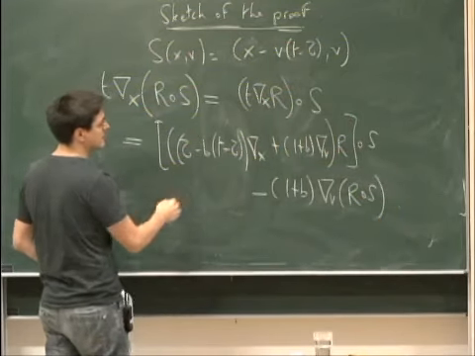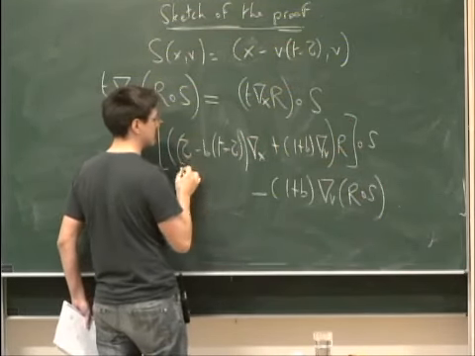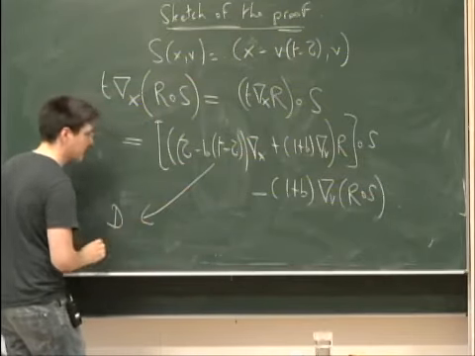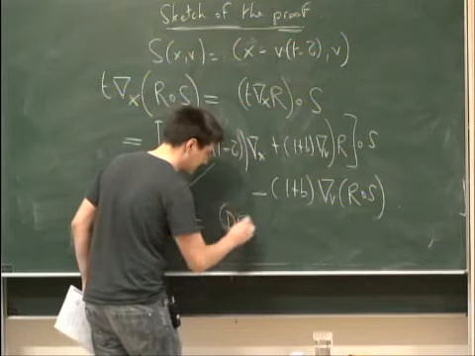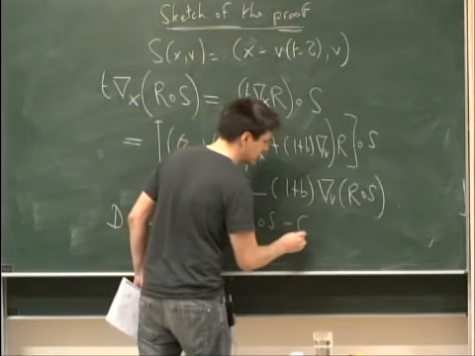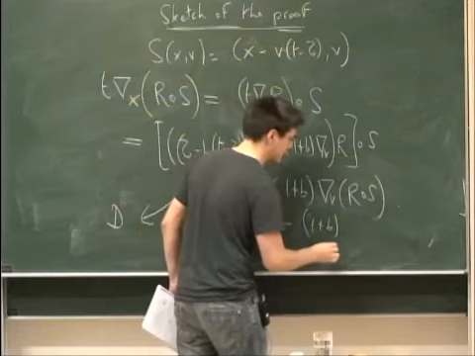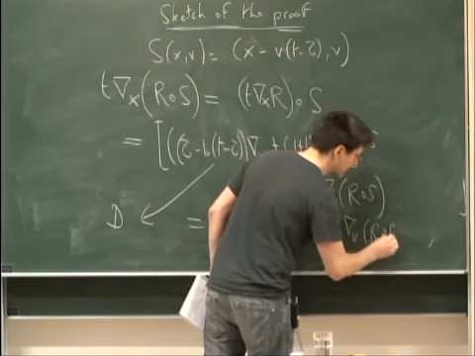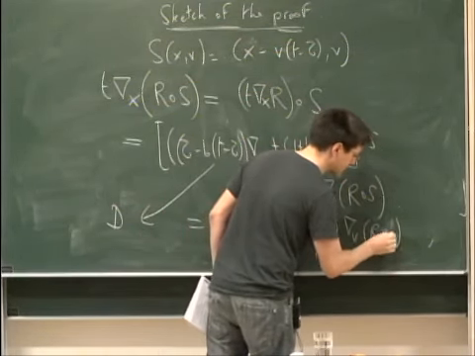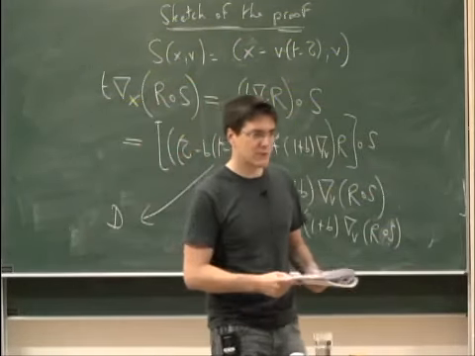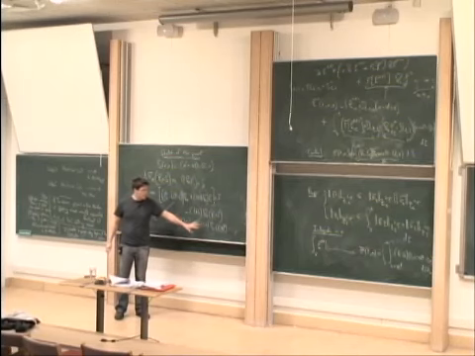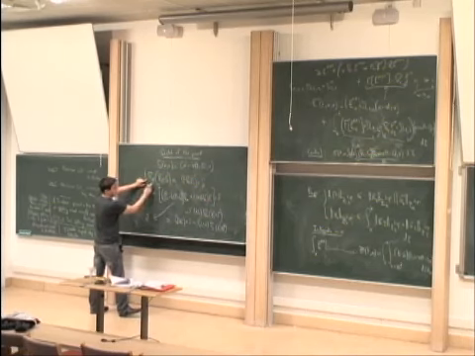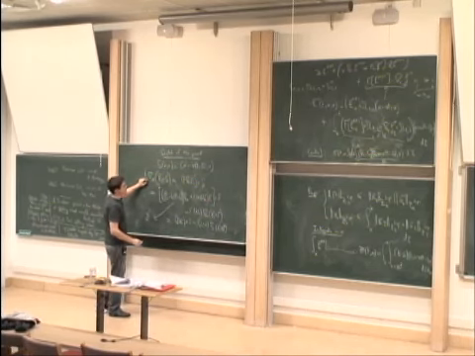I will denote this operator as D. So this means it is equal to D R composed with S minus 1 plus B grad V of R composed with S. So why do this? The reason is that any V gradient will disappear when we integrate in V. So it's for free. This guy will cancel out. So in the end, I have transformed a T grad X derivative into this.